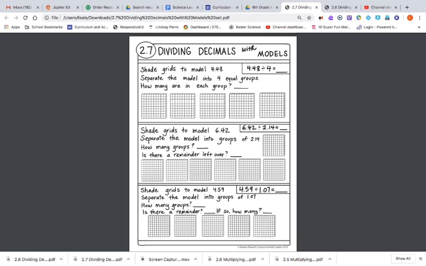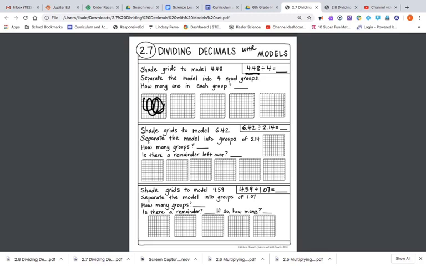Okay, so when we're looking at dividing decimals with models, first I need to find my total. My total is 4 and 48 hundredths, and I want to group that into 4 groups. So I want to see how many I will have in each group. First, that's model 4 and 48 hundredths.